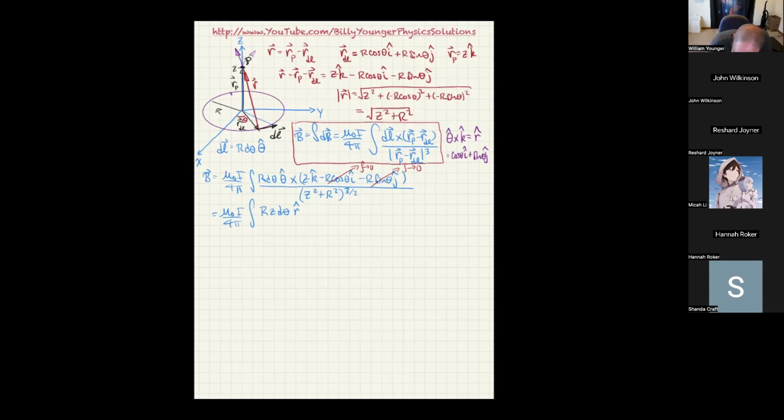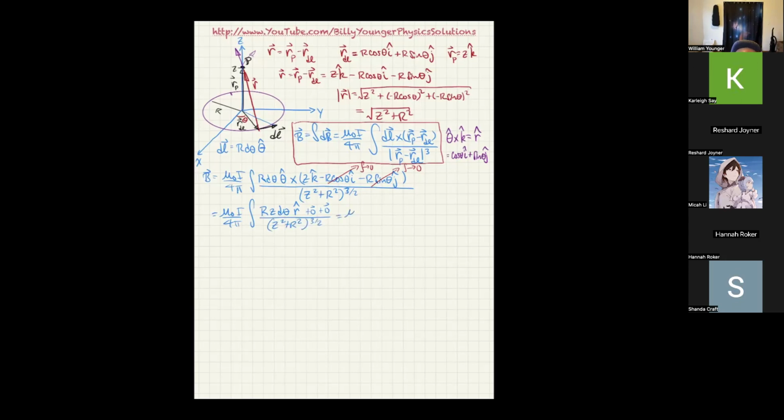And then the theta hat cross i hat, they're actually in the same plane. That's still going to go to 0. So it doesn't matter too terribly much, but basically we can say plus 0 for those. And then all of this is going to be over z squared plus r squared to the 3/2.